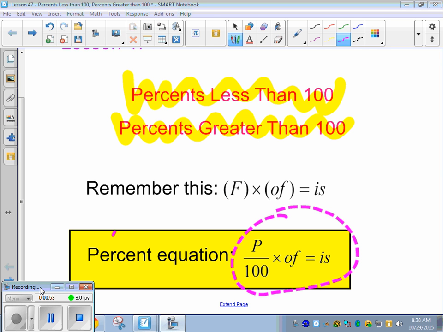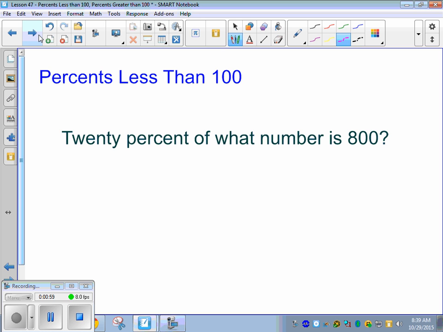All right. Let's try it. We're going to start with percents less than 100, which is sort of normal, you know. 20% of what number is 800? We take this regular sentence and we're going to turn it into a math sentence. Let's do it. So 20%, so I do 20 over 100 of, what does of mean, you guys?